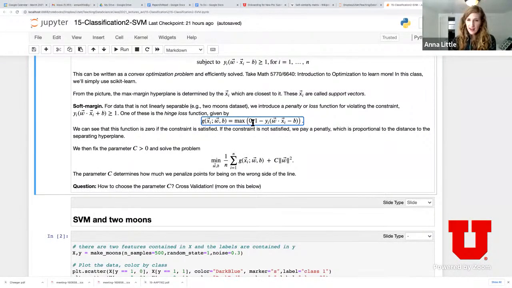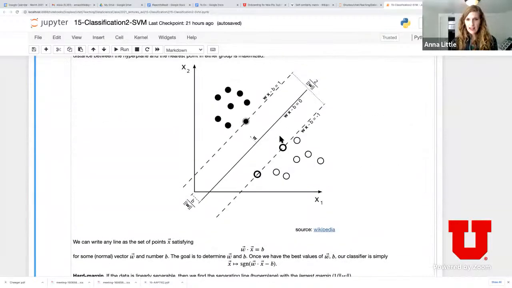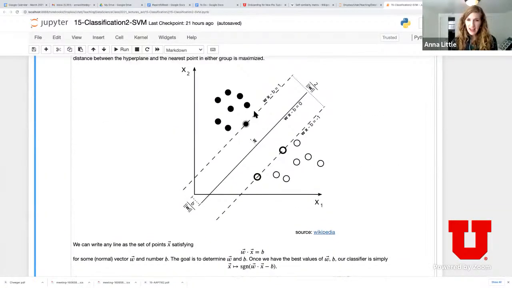But if you're on the wrong side of the line, then the max will be from over here. And basically, the penalty will get larger and larger based on how far away you are from the separating line. So for example, if I go back up to this picture, if I had a white point close to the line, maybe right here, I wouldn't be penalized as much as if I had a white point all the way back here, which was really far from the line. That would be an even greater penalty.